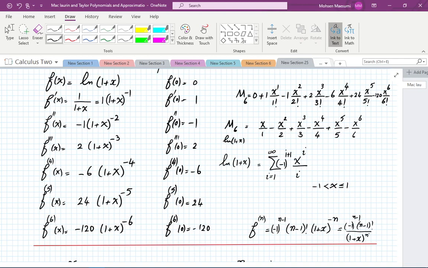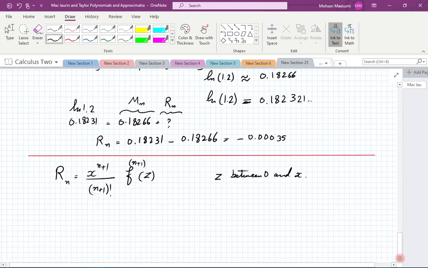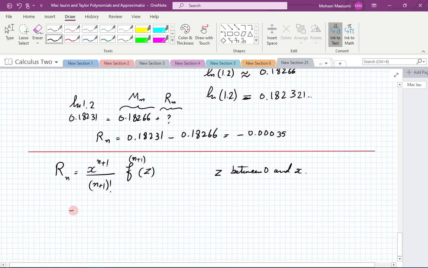In the formula for the remainder, we need f n plus 1. So when we have n plus 1, this becomes n factorial, and the denominator becomes n plus 1. So I have f n plus 1 evaluated at some unknown place z.